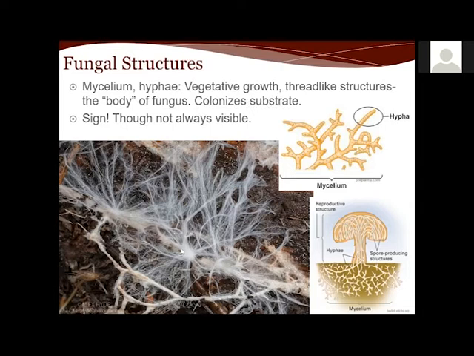So this is a sign. It's not always visible because sometimes it is deeply embedded in tissue. So just for perspective, this is where the mycelium, which is plural for individual hyphae, would be, like with a mushroom, it's in the ground. And then you have a mushroom that comes up out of the ground that you actually see, and that's the reproductive structure and what makes spores.